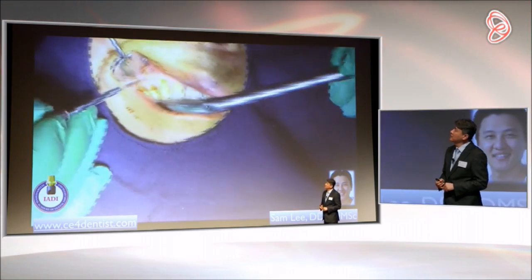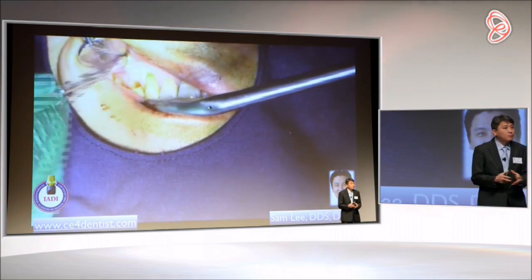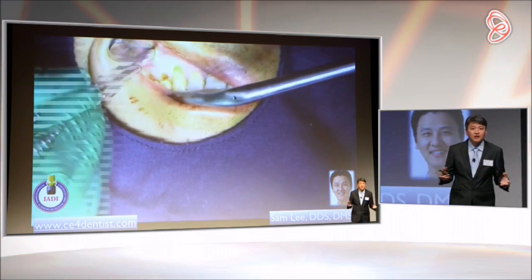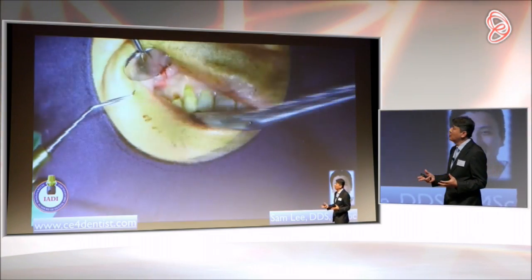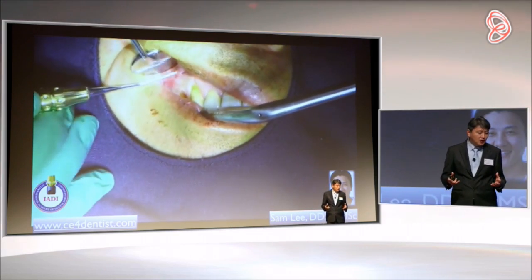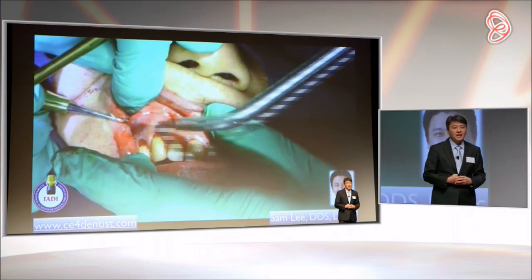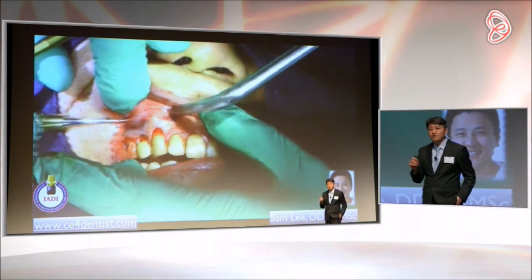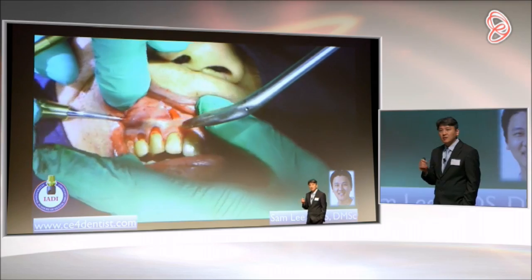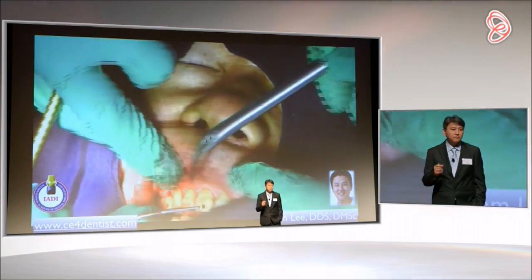So as you can see, nowadays when we do gum graft or bone graft, I don't open a flap. We just make a very small incision, and we utilize our Cobra instrument to move the gum down coronally. And best of all, we do not suture the patient, because we found out that suturing causes a lot of micro trauma.